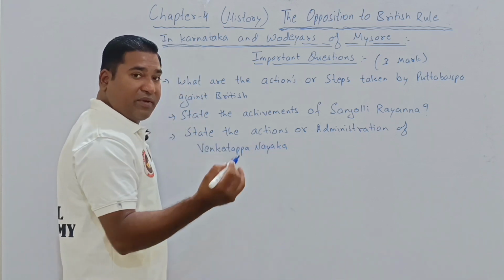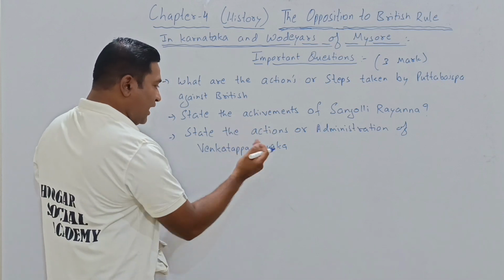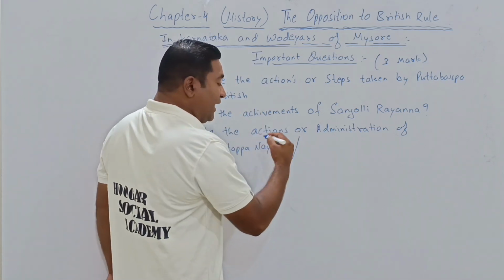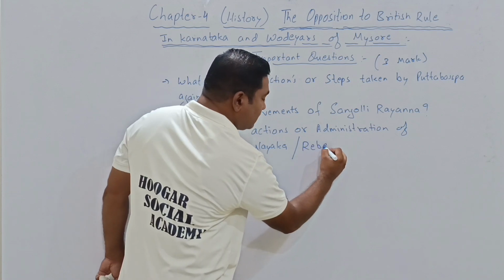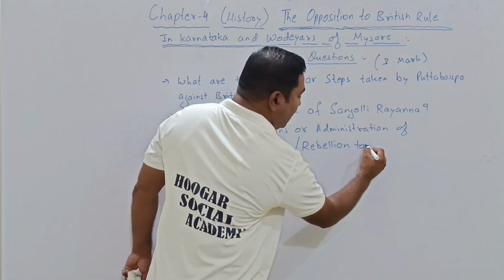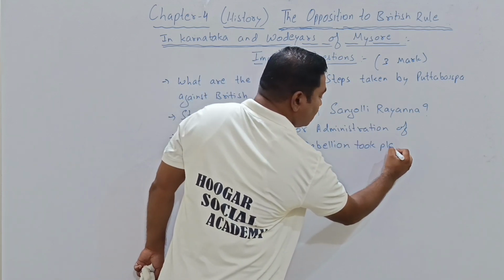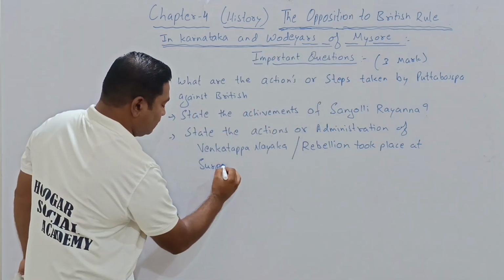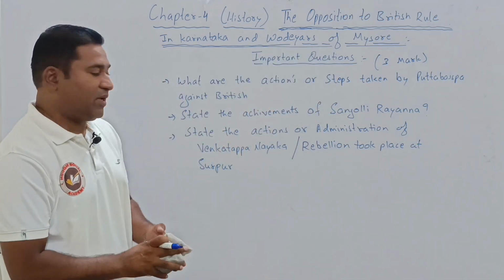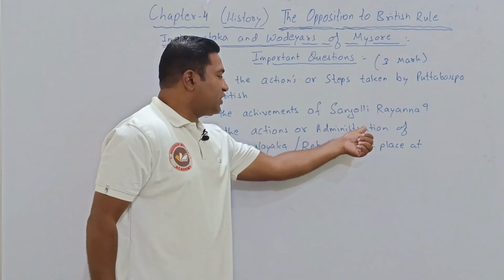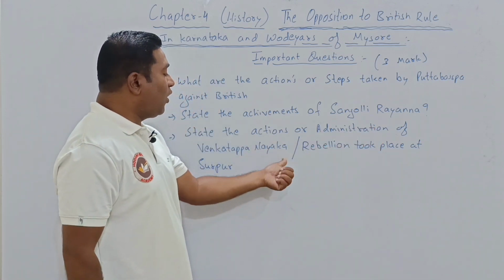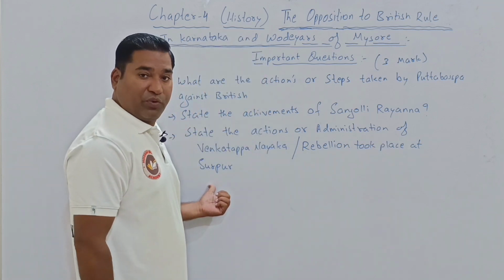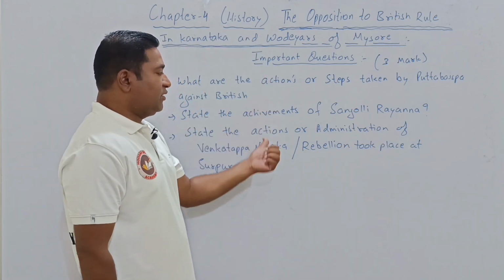In this form also it may be asked, or instead it can be asked in the form of: state the rebellion that took place at Surpur. So in this form also it can be asked: state the actions or administration of Venkatappa Nayaka, or state the rebellion that took place at the place called Surpur. In this form it can be asked.